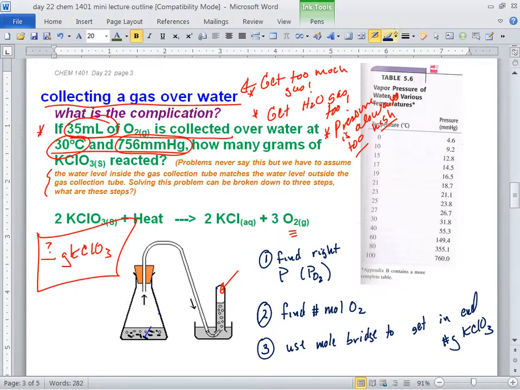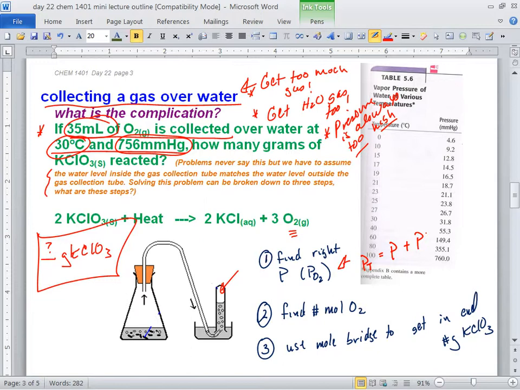The first step: total pressure in this problem is equal to what pressure plus what pressure? P with little subscript what and P with little subscript what? Mia, what would it be?